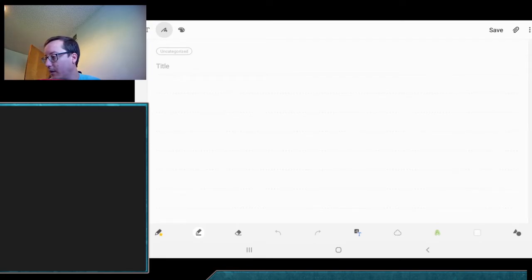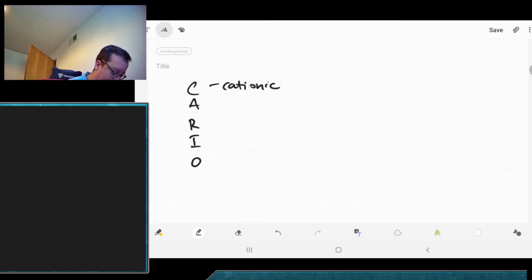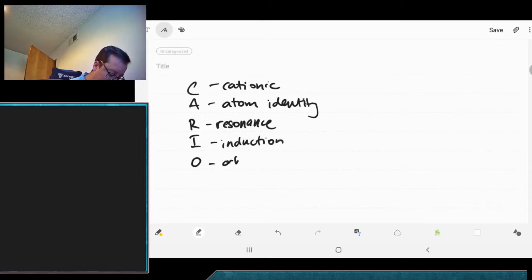All right. So we were talking about acids and bases. We talked about five factors that we dealt with about acid strength: whether it's cationic or not, the atom identity, R for resonance, of course, induction, and orbital type.